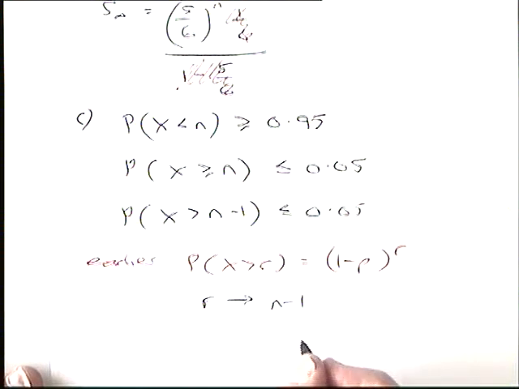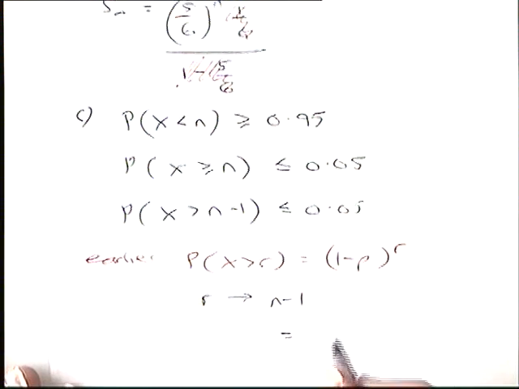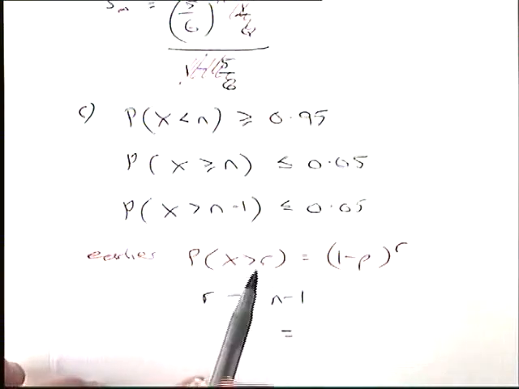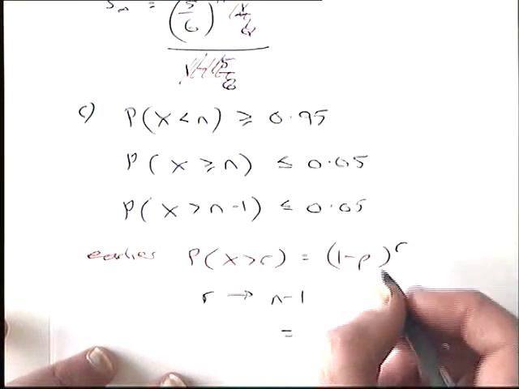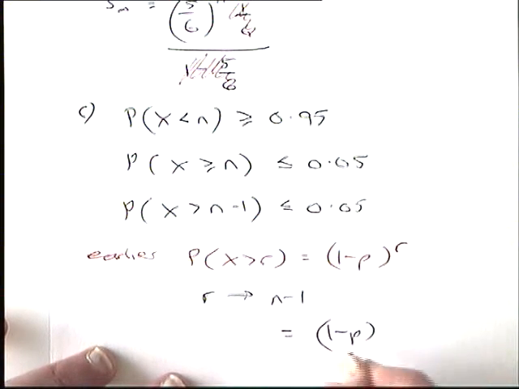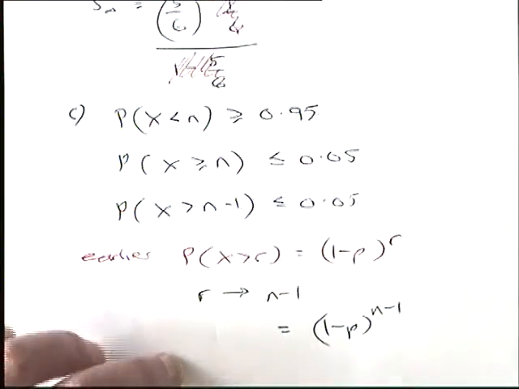All I've changed on the left is that n minus 1 has become an r. So on the right hand side, I will keep a 1 minus p, but r gets replaced with n minus 1.